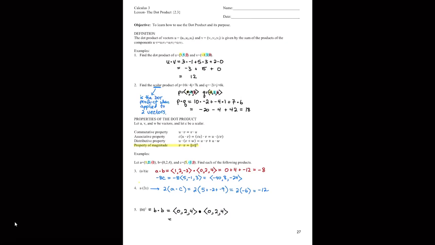And that's going to give me 0 plus 4 plus 16, which is going to give me 20. All right, so that's a magnitude squared. So if I needed to, I would take this value, take its root, and I would end up with the magnitude itself. Let me just show you the proof real quick.